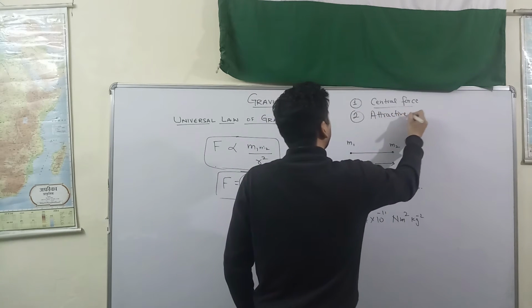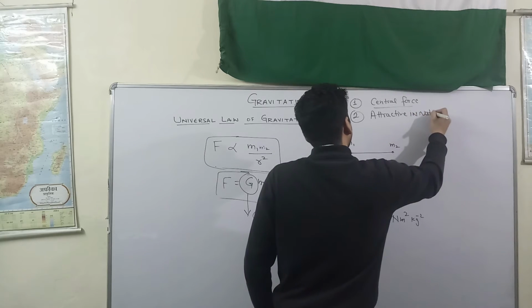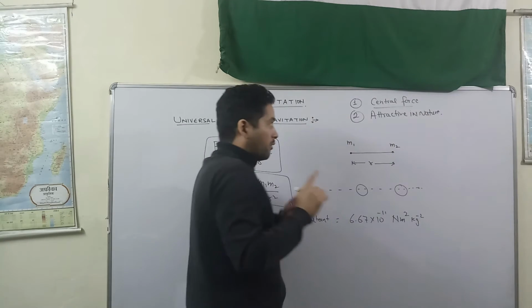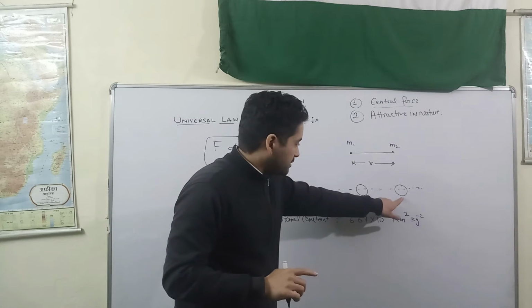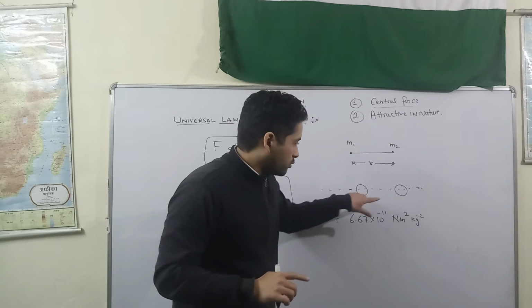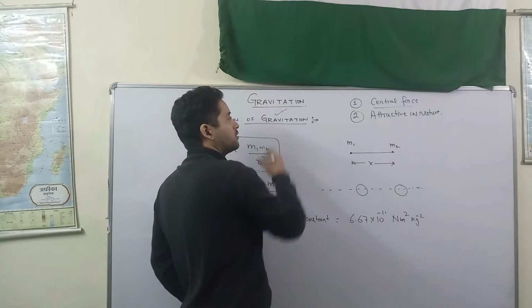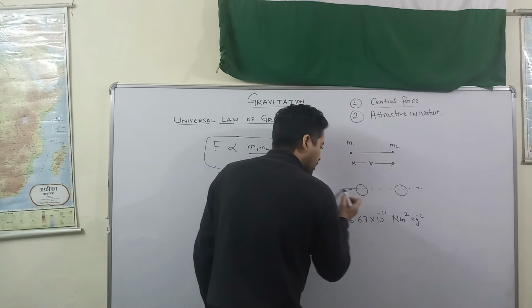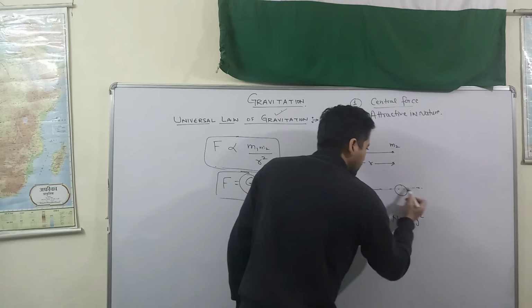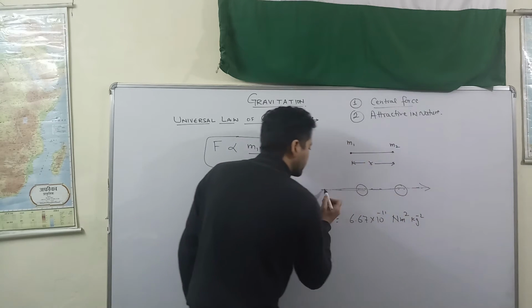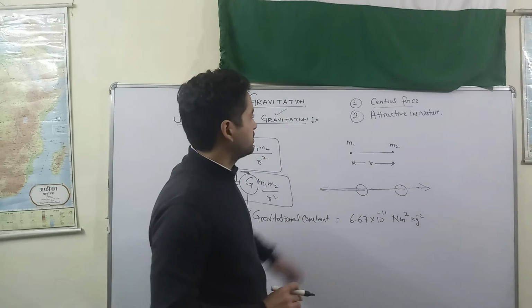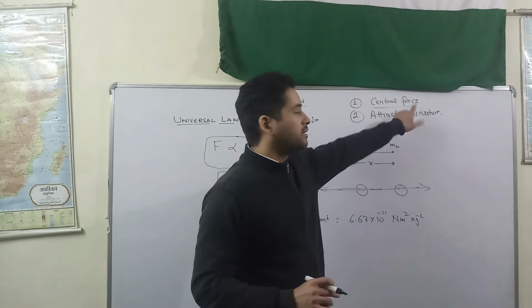So what it means is, when the gravitational force acts on these two objects, it will act along the line which passes through the center of these two objects. That's why it is also known as the central force.